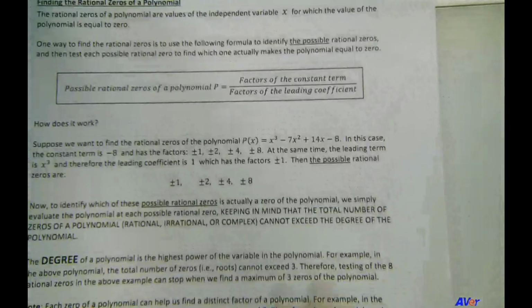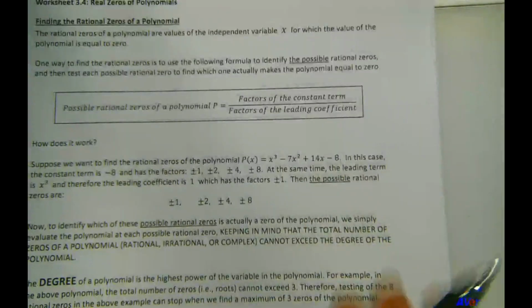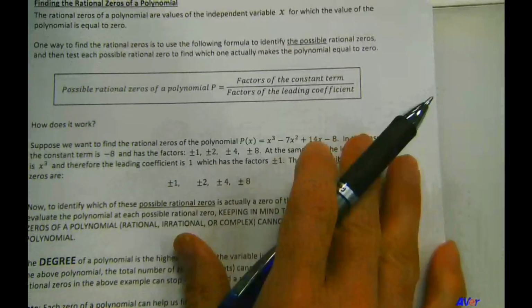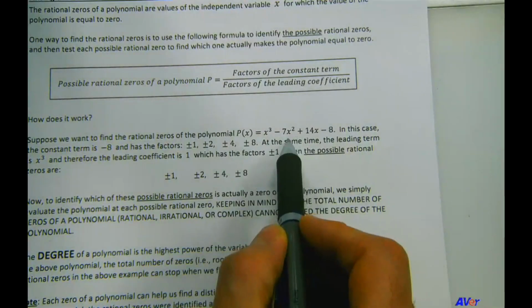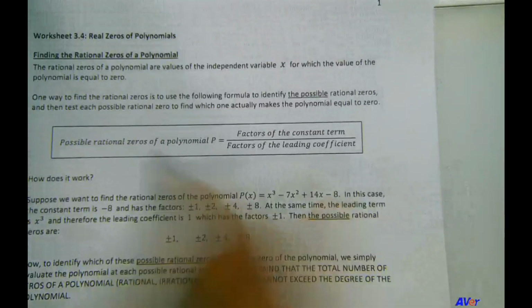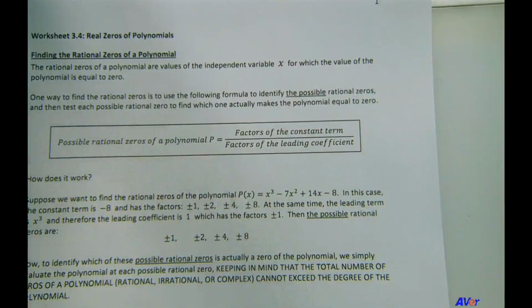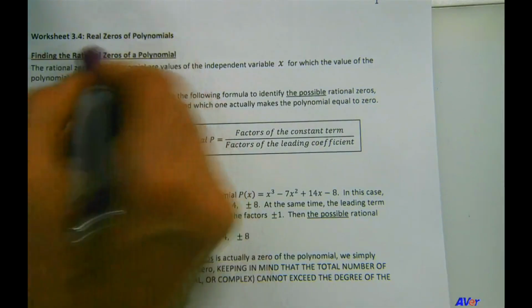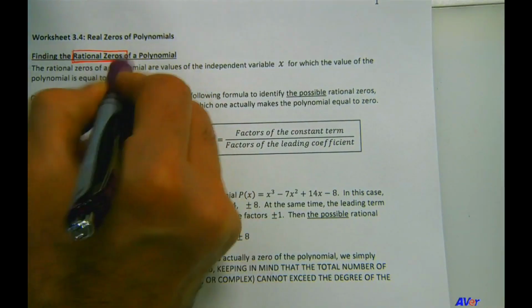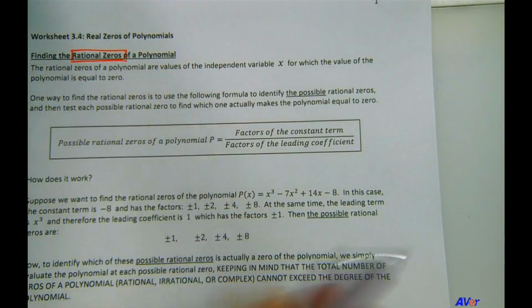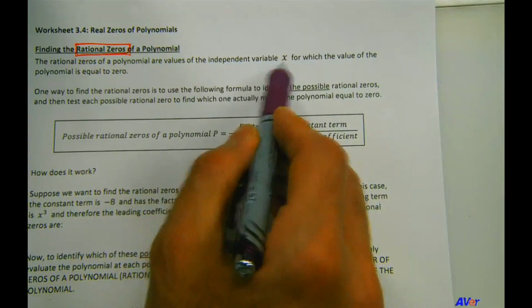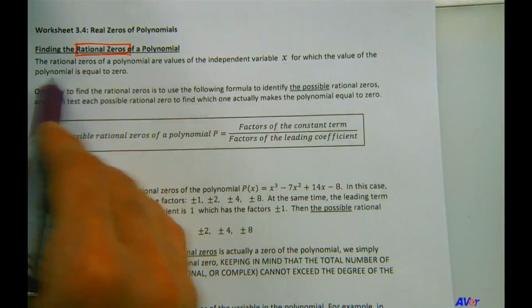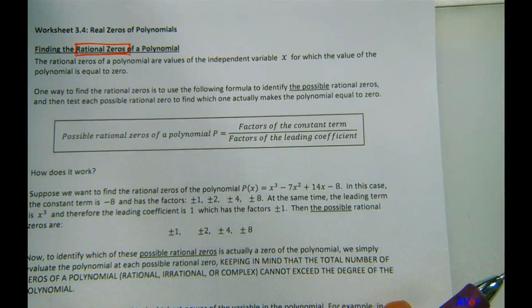Okay, so the methodology works like this. Suppose you have a polynomial like this, then the main topic would be the rational zeros of a polynomial. Those are the values that x can take in order for the polynomial to be equal to 0.